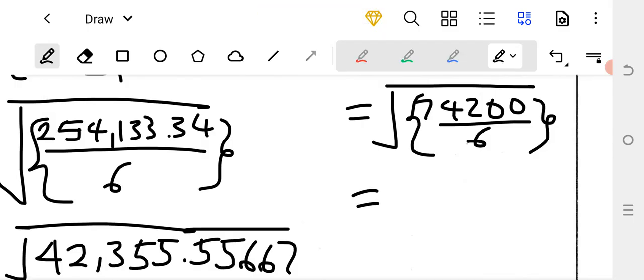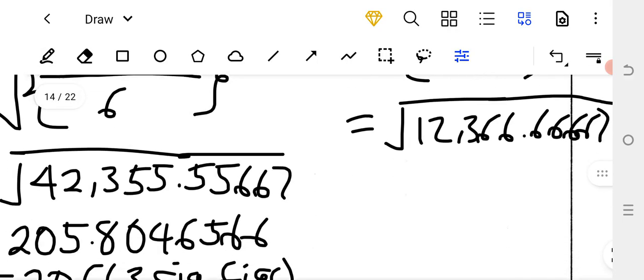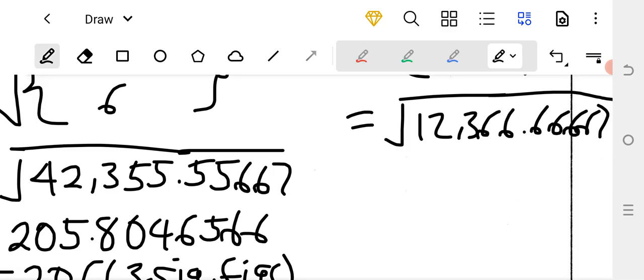Which is equal to the square root of what? 74,200 divided by 6 is going to give you 12,366.66667.